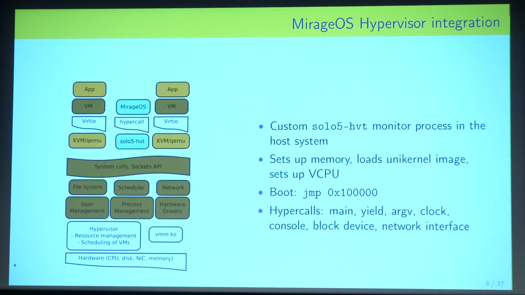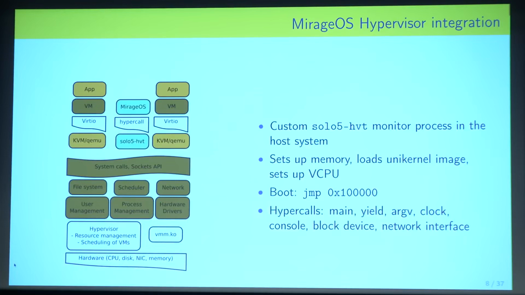So how does that look? Now we have the same picture as previously. We have at the bottom the hypervisor. Then we have the host system, which is the brownish stuff. Then on top of that, we have maybe some virtual machines. Some of them run via KVM and QEMU Unix system using some virtio, that is on the right and on the left.